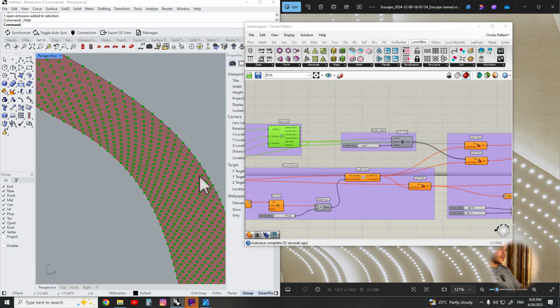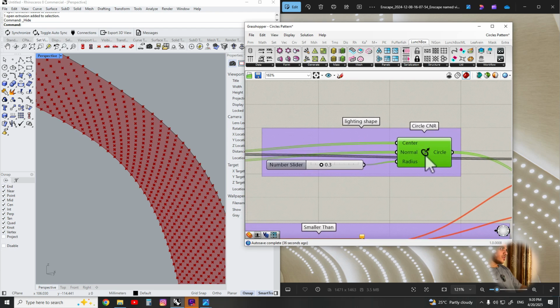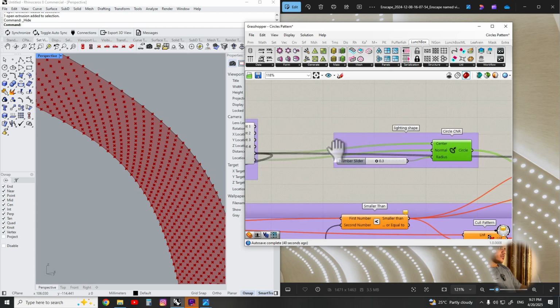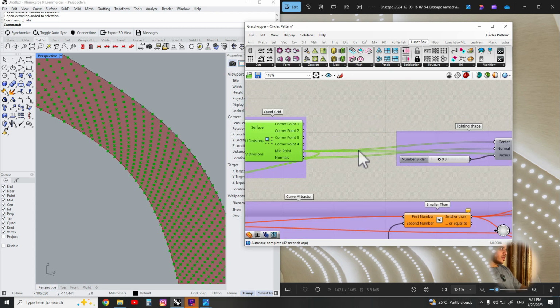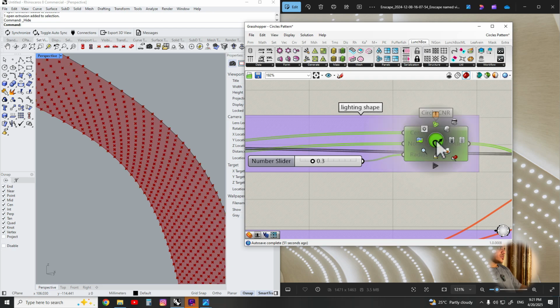Okay, after dividing the surface, the second part is the circles, which I chose for now. So get the midpoints, which means the centers, and the normals for the normal, and the radius.